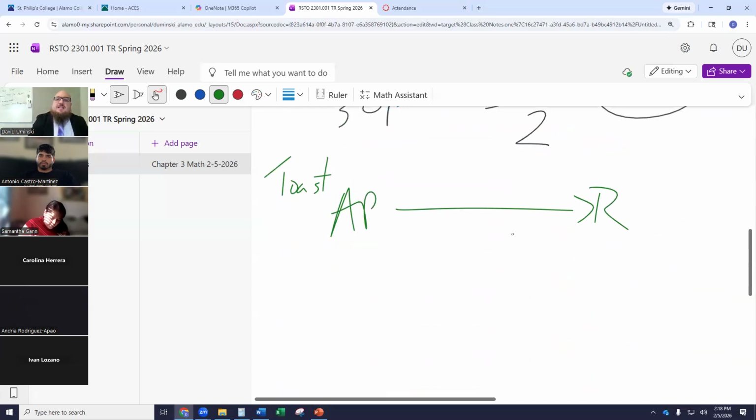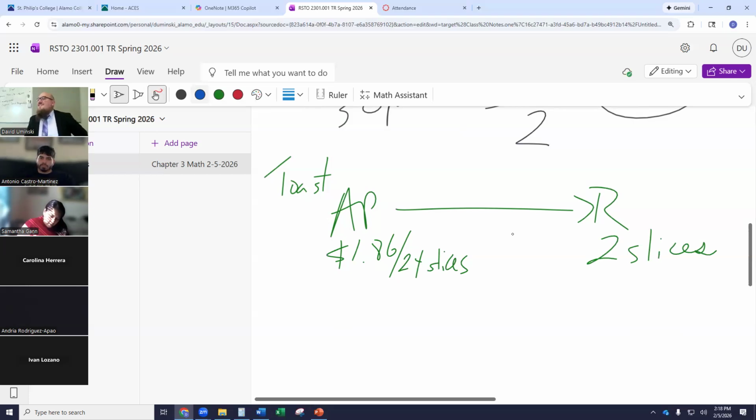So $1.86 for 24 slices. My recipe is 2 slices. What's my first question? Do my units match? Do they? Yes, awesome. That's an easy one.